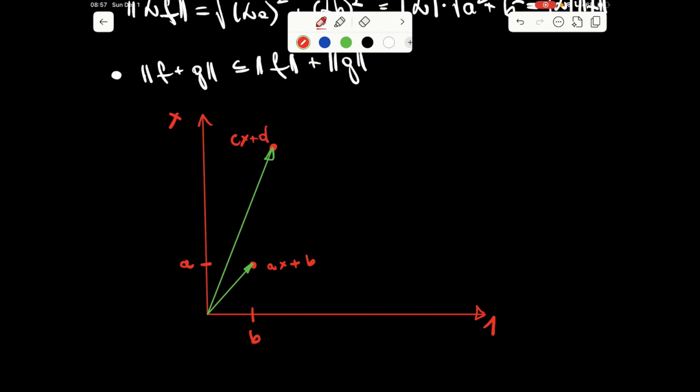So this is coordinate d, and this is coordinate c. Their sum is somewhere here. This is a function a plus c x, and the other coefficient is b plus d.